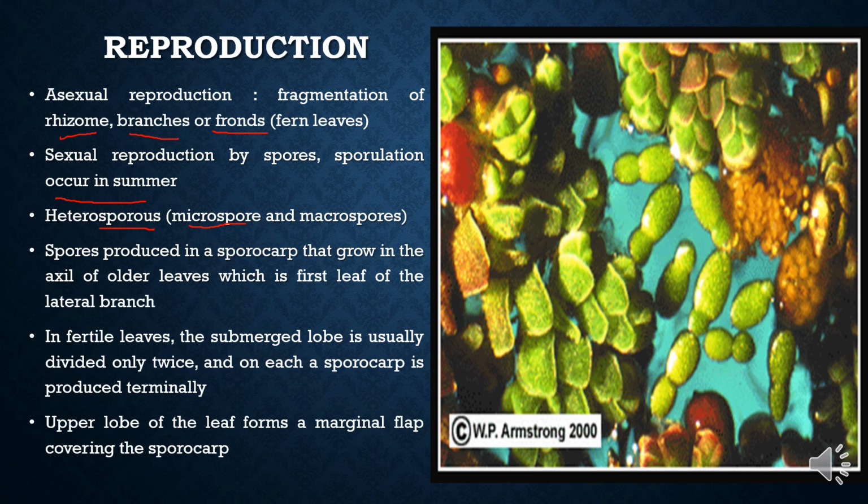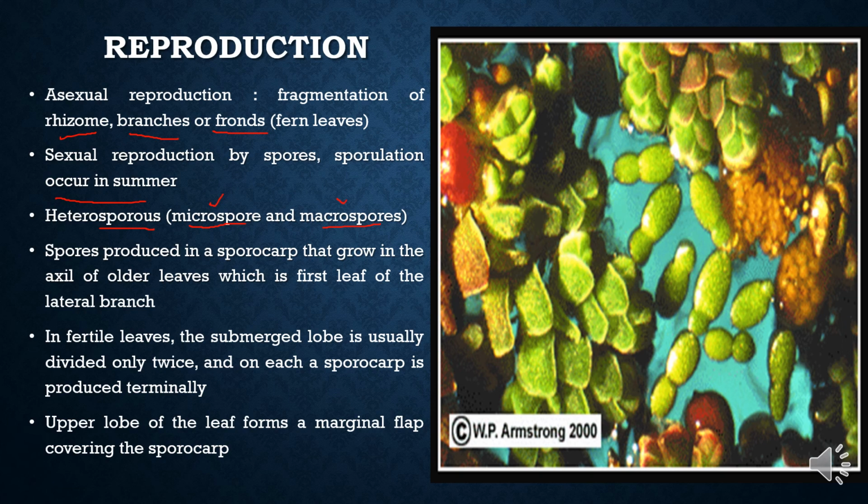And the macrospore is the female spore, which produces the female gametophyte that in turn produces the archegonium containing the egg cell. So the male spore is the microspore, and the female spore is the macrospore.